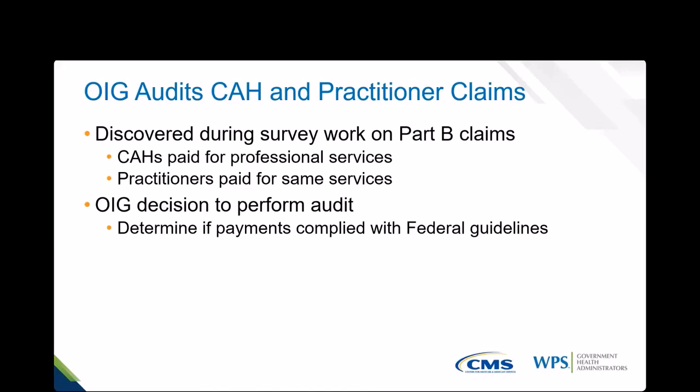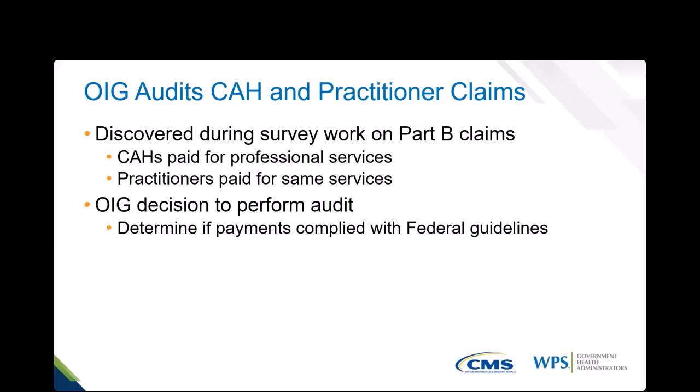So once they took a closer look at some of these 2019 Part B claims that they were working on, they decided, like I said, to do a formal audit of these services. And their objective for this audit was to find out if those professional services paid to CAHs under Medicare Part B and the payments made to healthcare practitioners for the same services complied with federal requirements.